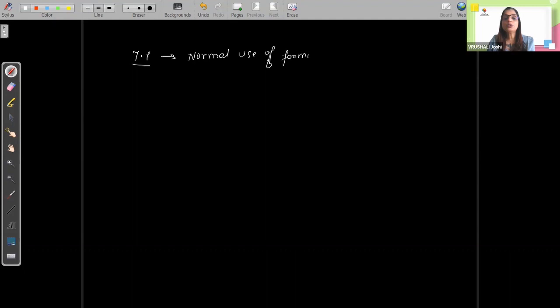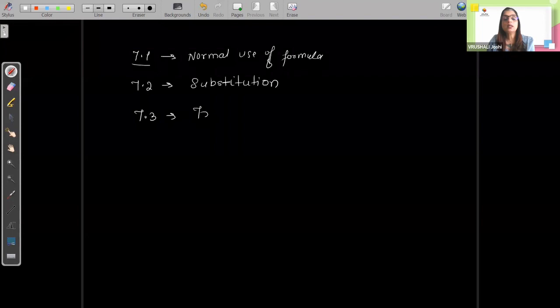In 7.2 we saw how to solve sums with the help of the substitution method. In 7.3 we saw how to solve sums with trigonometric functions. So we have seen the substitution method and how to integrate trigonometric functions, correct?